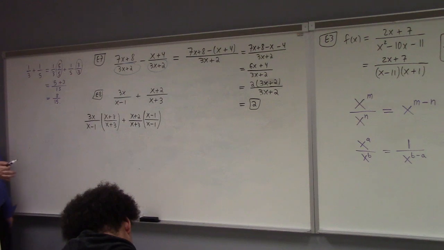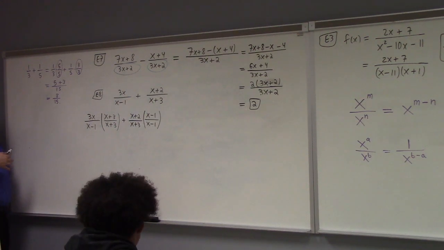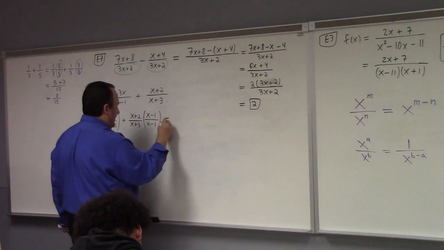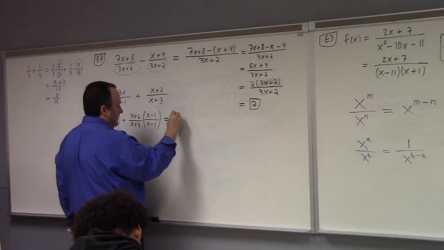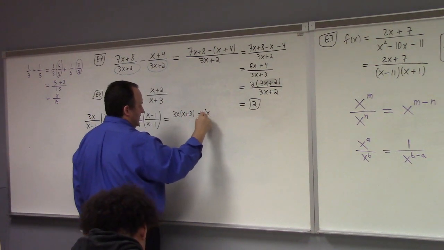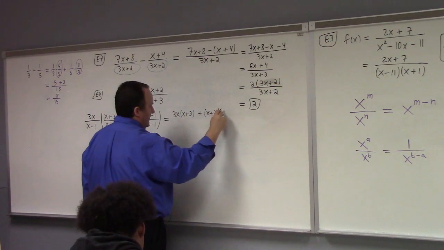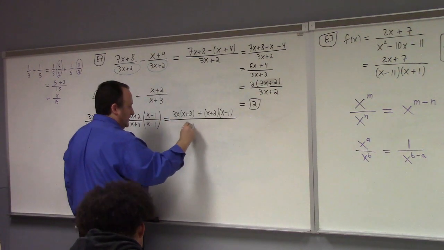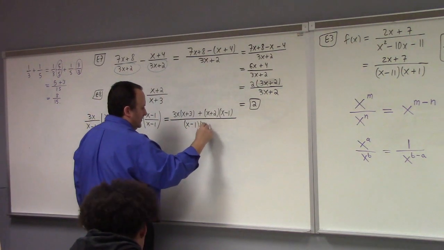So I'm just multiplying by 1 in a strategic way to make them have the same denominator, see? So then I have 3x times x plus 3 plus parentheses x plus 2 times x minus 1, all divided by x minus 1 times x plus 3.